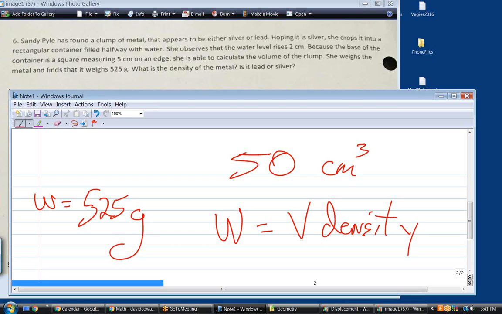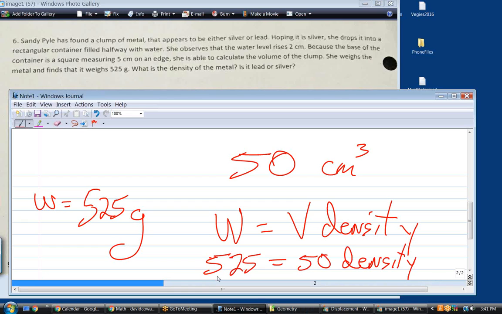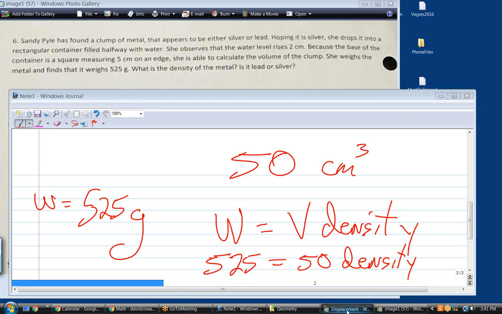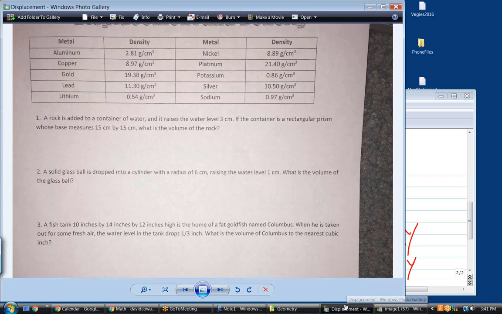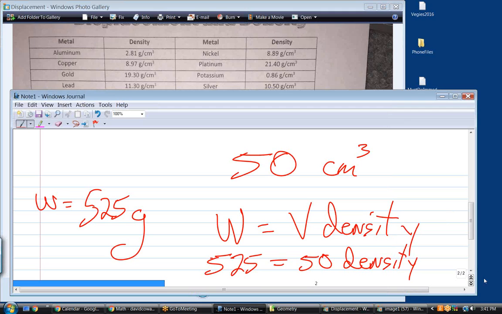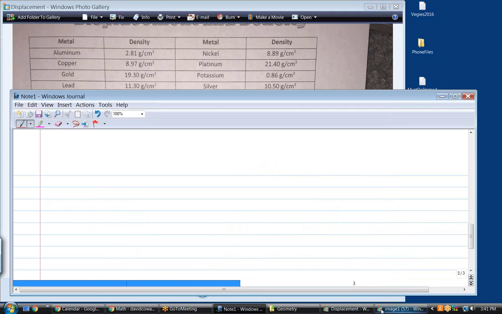So you would divide 525 by 50. 525 is the weight, the volume is 50, that's going to give us our density. About 10.5, which means it's silver. Gold's 19. Gold's almost twice as dense as silver. Okay.